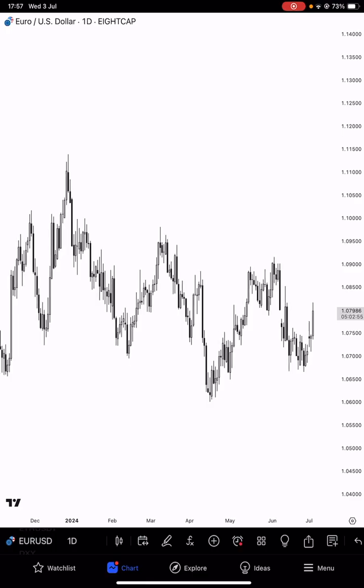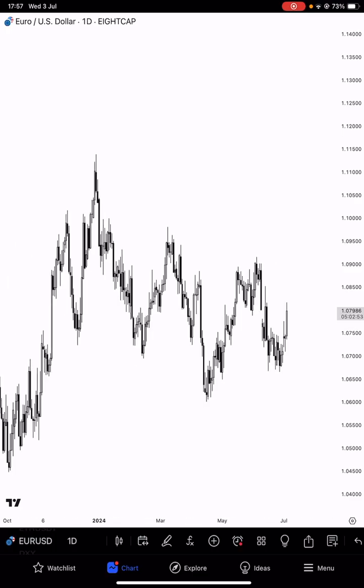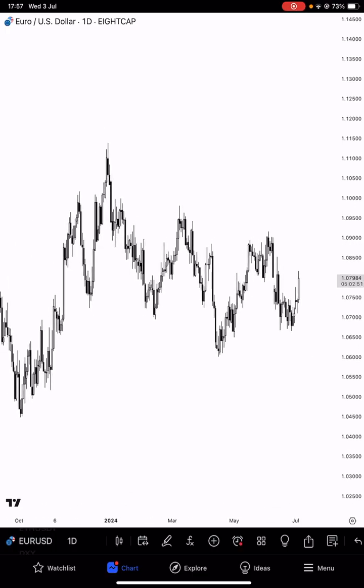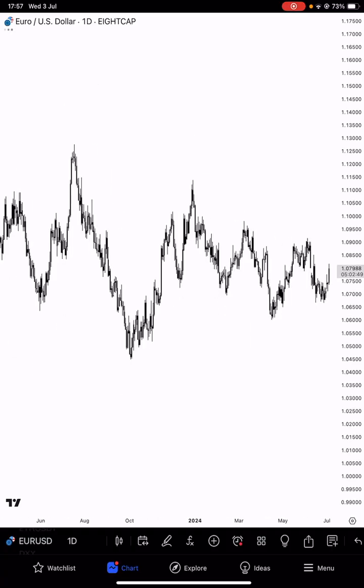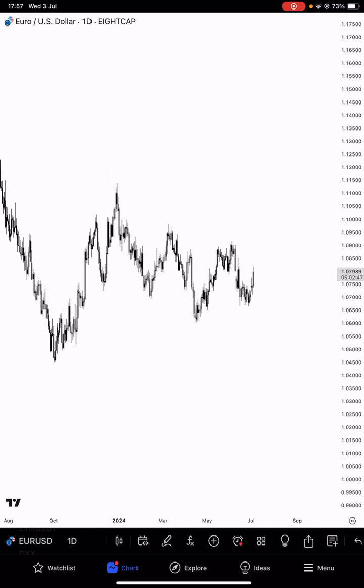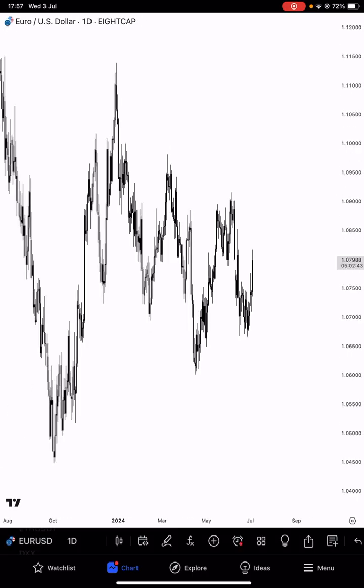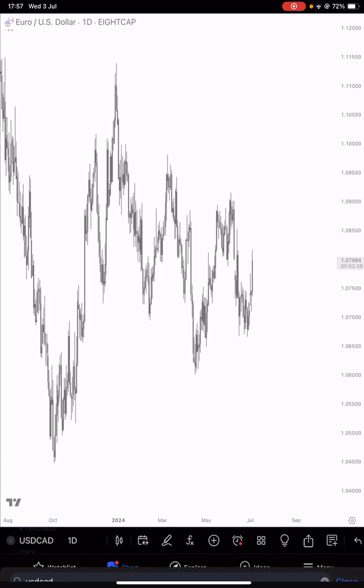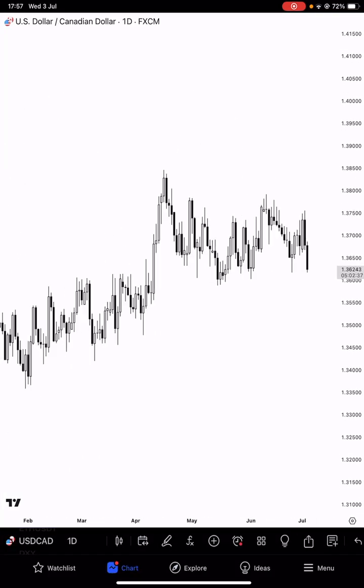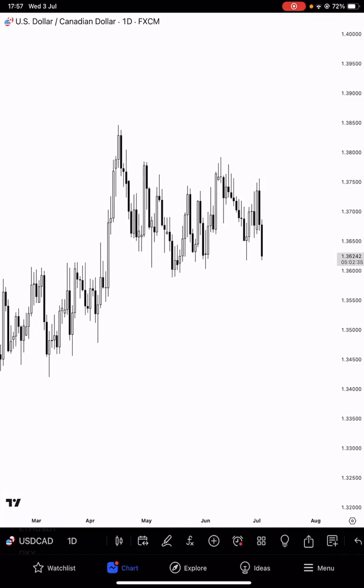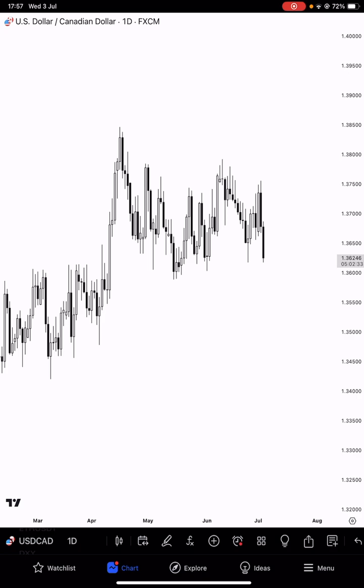Why? This is an important topic. If you look at, for example, EURUSD, but every currency, USDCAD is now in an important range. Currency gyrates around. There is no real supply and demand for currency.